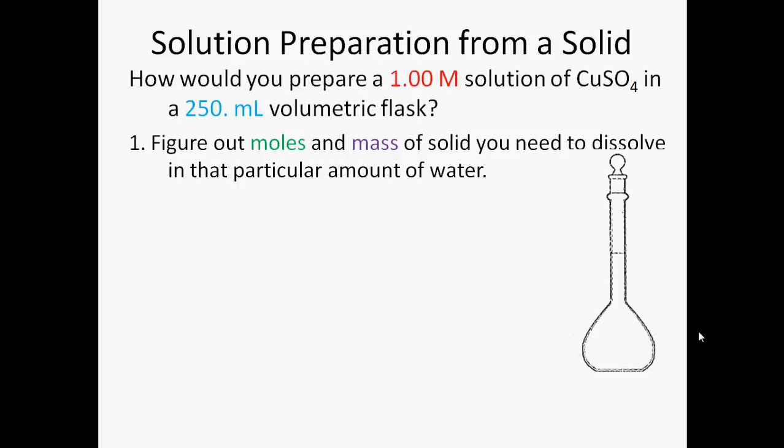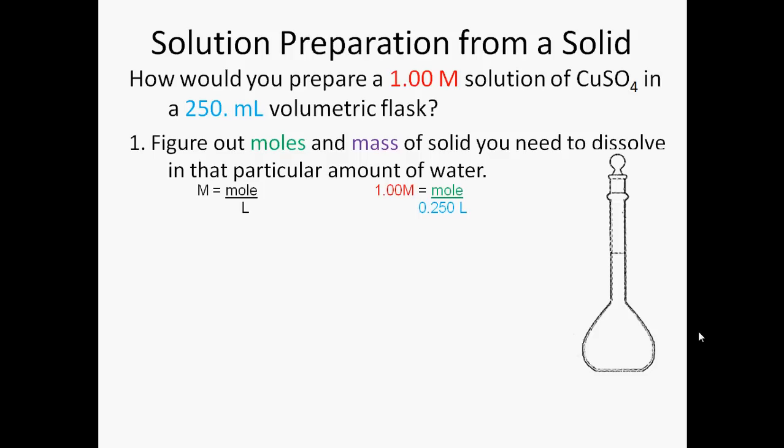Okay. So we start with our molarity equation. We know that the molarity of a solution is equal to the moles of solute divided by the liters of solution. In this case, we know the molarity of the solution we're trying to make, and we know the volume of solution that we're trying to make, so we're going to plug those in. So we put in our 1 molar solution for the molarity, and then we converted 250 milliliters into liters to put that in the denominator.